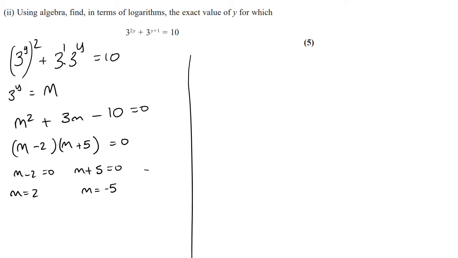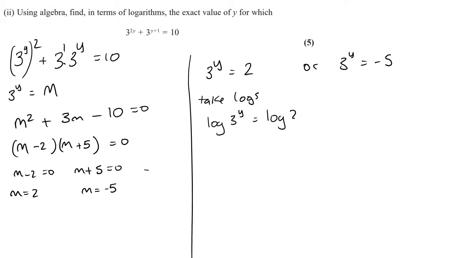Then, what was our substitution? m is 3 to the y, so we have 3 to the y is equal to 2, or 3 to the y is equal to minus 5. Take logs, so that we have log 3 to the y equals log 2, and log 3 to the y equals log of minus 5.